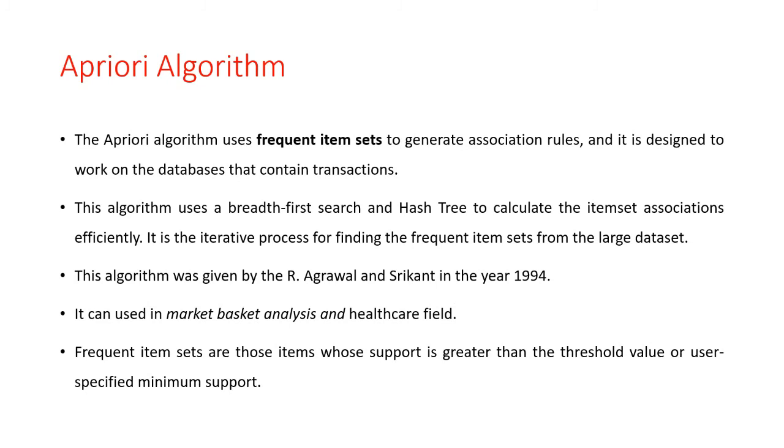It can also be used in the healthcare field to find drug reactions for patients. This algorithm uses breadth-first search, that is BFS, and a hash tree to calculate the item set association efficiently.